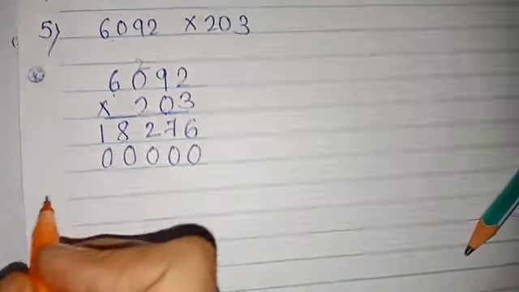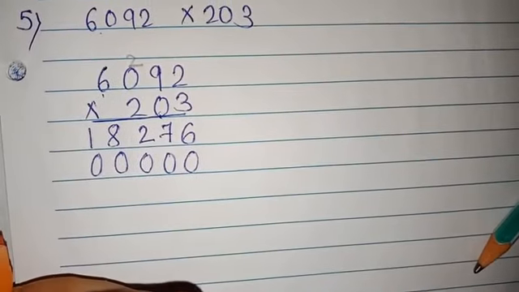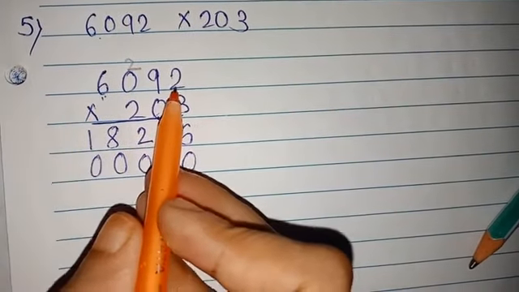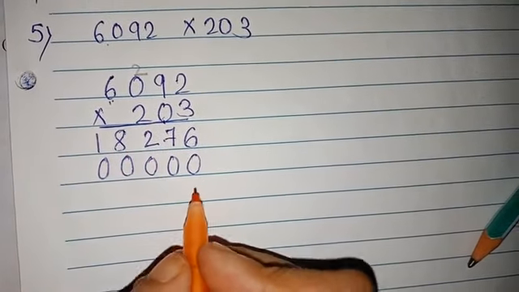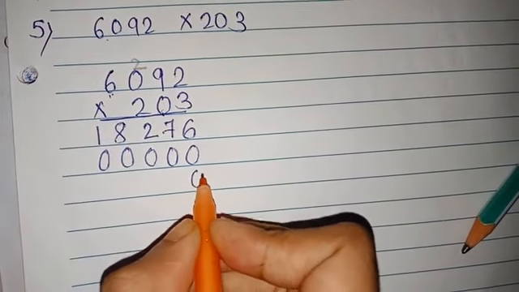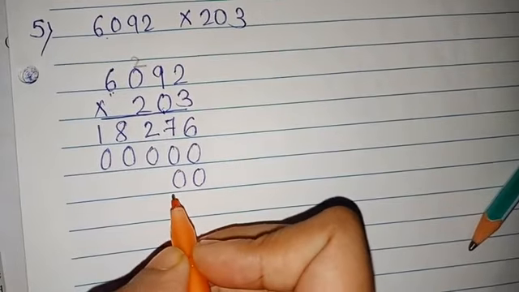Done. Now we will multiply 6092 by this 2, and this 2 is in hundreds place, so I will write 0 in units place and in tens place. Done.